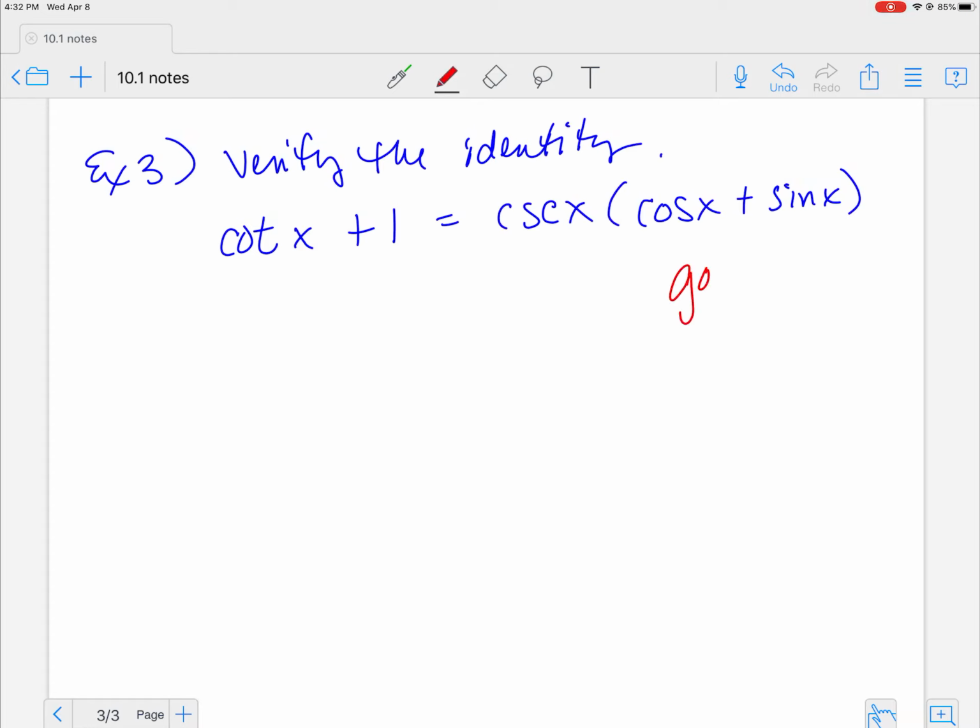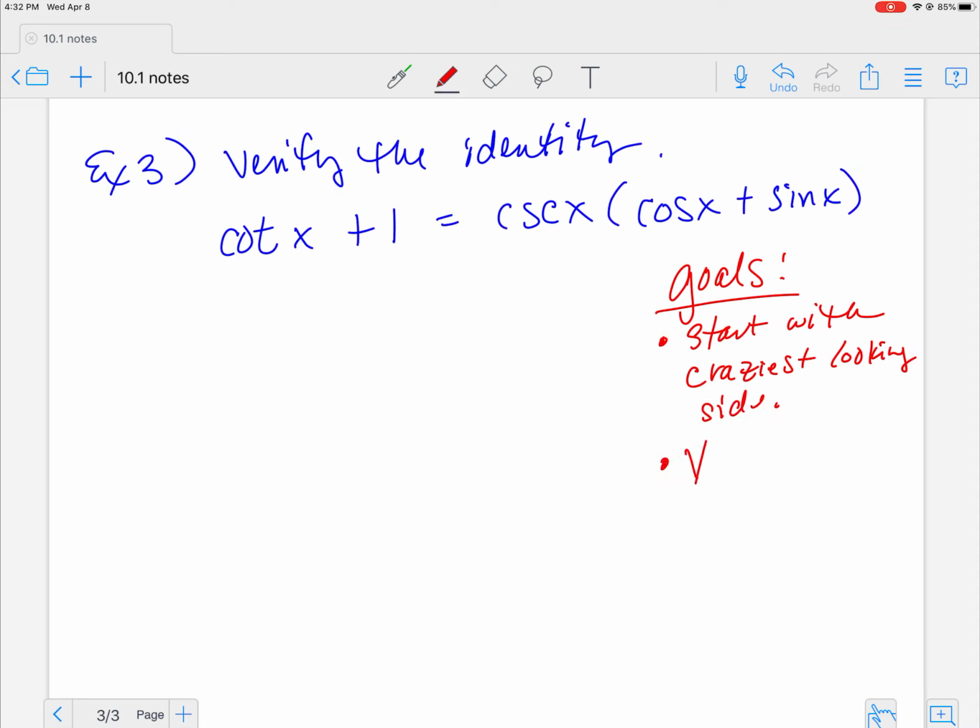All right, so the side. Now here's the deal. The answer is there. I know for a fact this is an equal sign. This left side equals the right side. Here is my goal when you verify an identity: start with the craziest looking side.